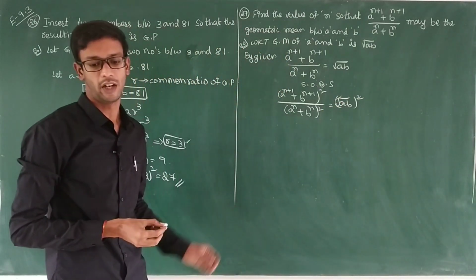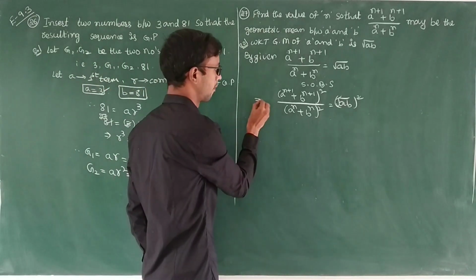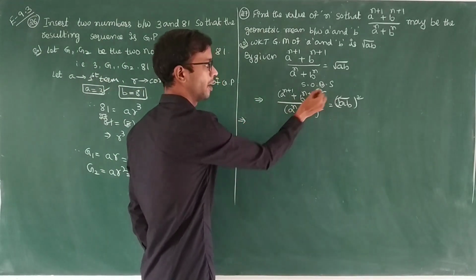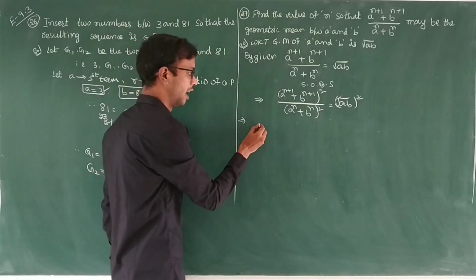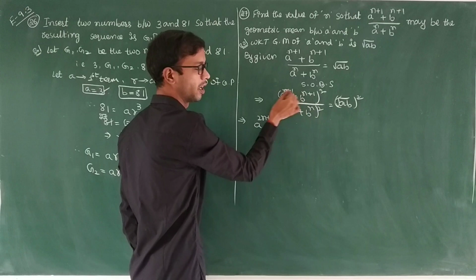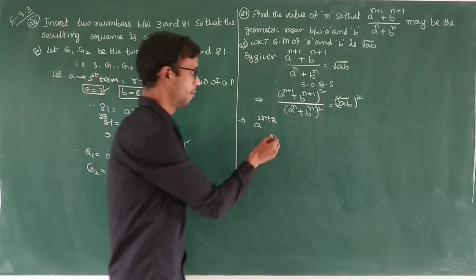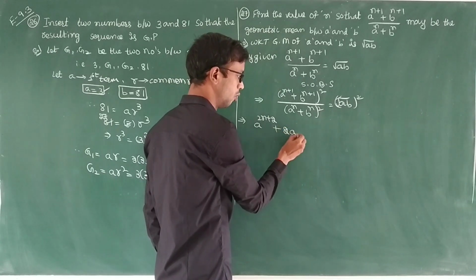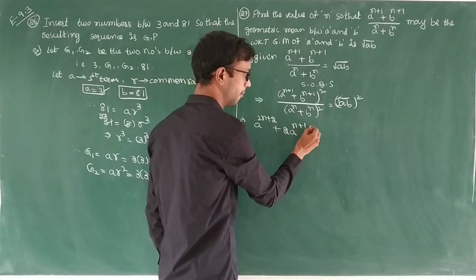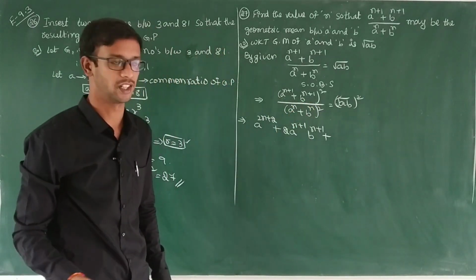Cancellation. So next, you can make the simplification here. The a plus b whole square formula: a square means a power 2n plus 2, plus 2ab. Here a is this one, b is this one, just substitute.